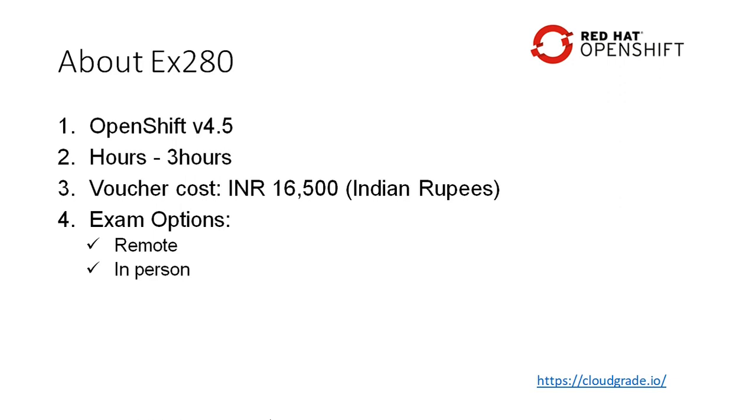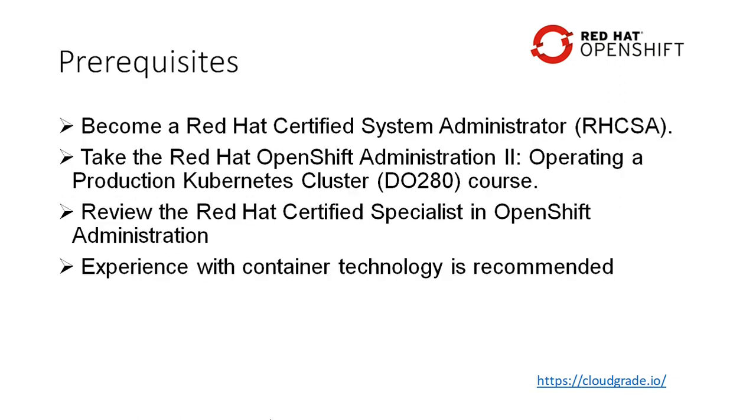Moving next. Become a Red Hat Certified System Administrator, RHCSA, or have comparable work experience and skills. Take the Red Hat OpenShift Administration 2, Operating a Production Kubernetes Cluster, DO280 course, or have comparable work experience using OpenShift Container Platform.